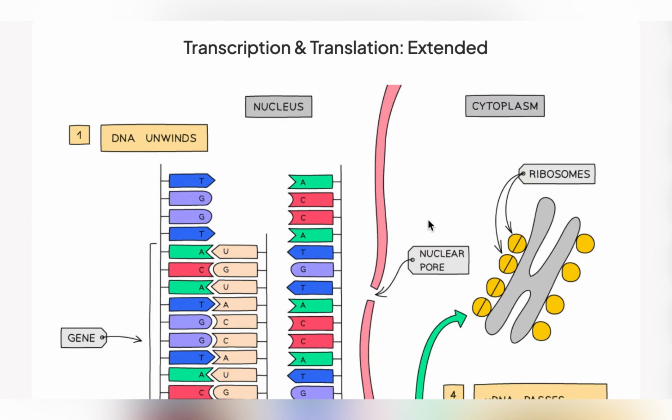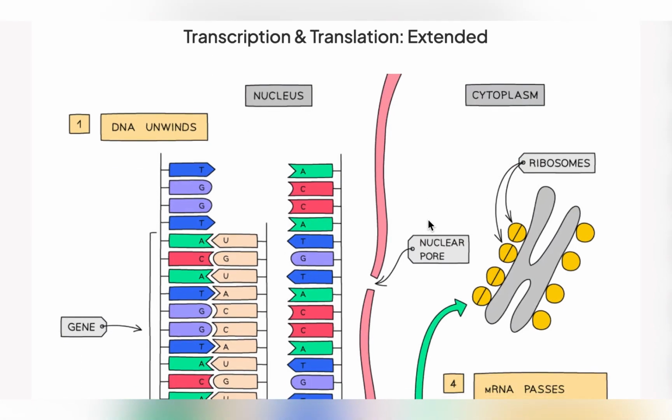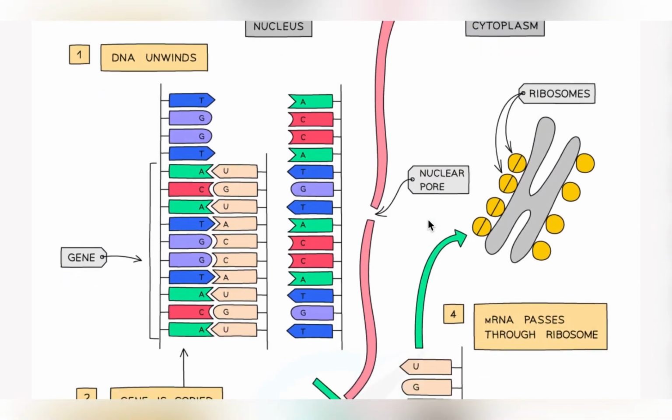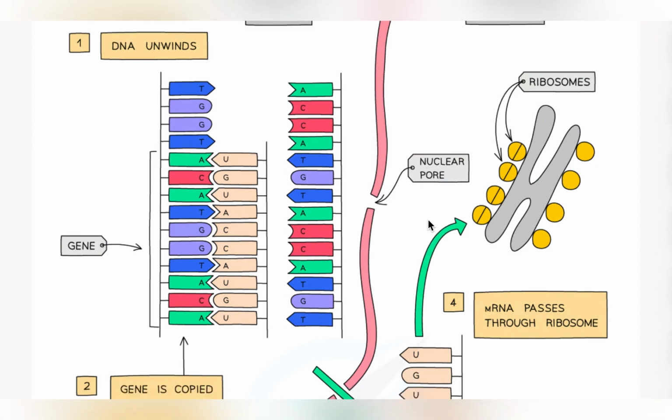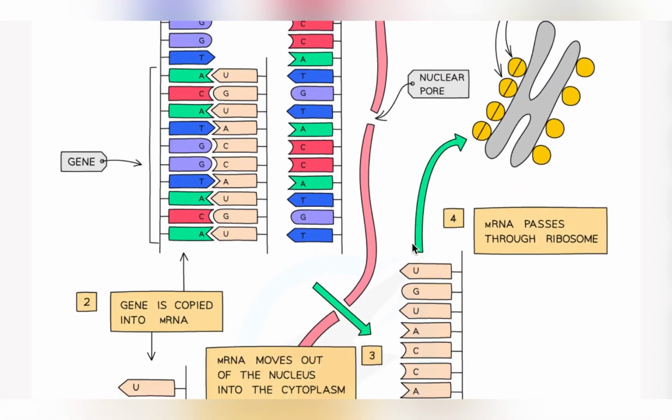We explained how the DNA makes the mRNA, how the DNA unwinds, and how this mRNA binds with, or zips with, the corresponding strands in the gene code. And then how this mRNA is moved from the nucleus to the cytoplasm, where the translation will take place.